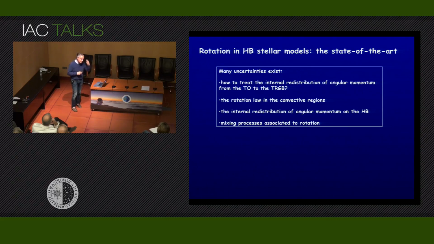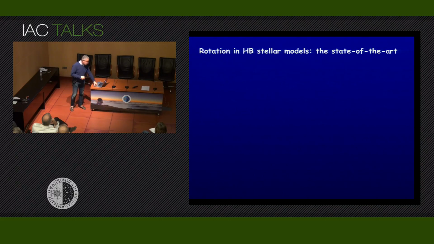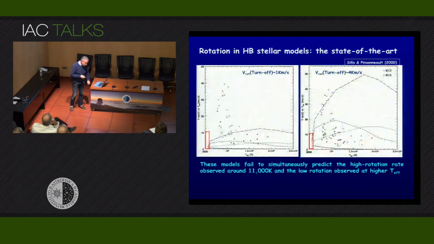The main problems are related to the fact that we don't know how to treat the redistribution of angular momentum when the star moves from the main sequence to the red giant branch. We don't know, for instance, if in the giants, in the convective zone, we need to assume solid body rotation or conservation of specific angular momentum. We have no idea at all about this. And so, the few attempts that have been done to interpret the evidence were made more than 10 years ago, as you can see.